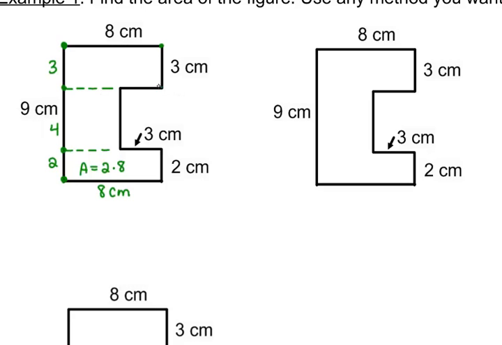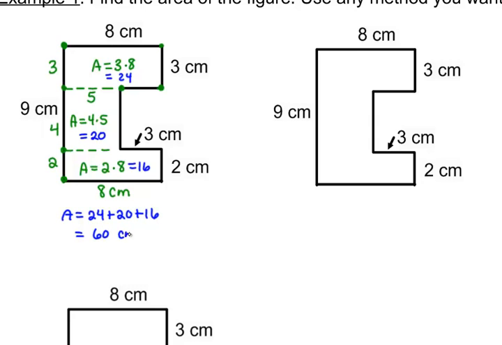And we know that this distance is 3, so 8 minus 3 is 5. So this area is equal to 4 times 5. And then this area is equal to 3 times 8. And now we just add those together. So this would equal 24, this would equal 20, and then this would equal 16. So the area is equal to 24 plus 20 plus 16, which is equal to 60 square centimeters.